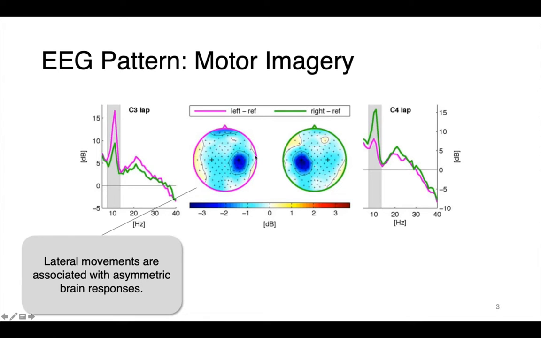Although they share the same frequency range, the pattern is slightly different, and it's representing different function of your brain. So here I say this is mu rhythm because this is from C3 and C4 that's around the motor cortex.